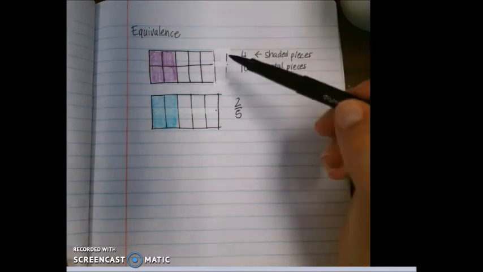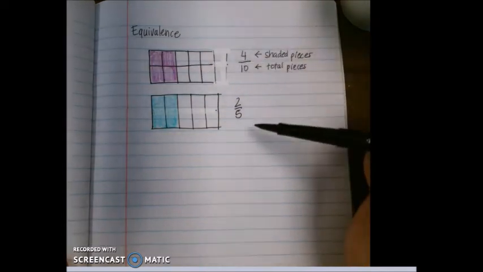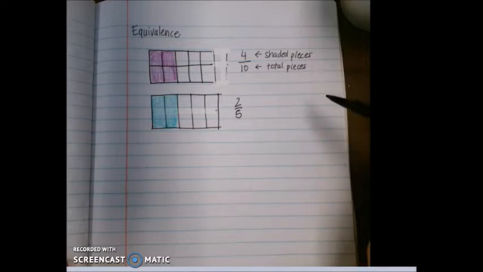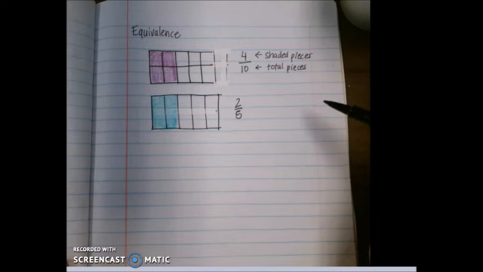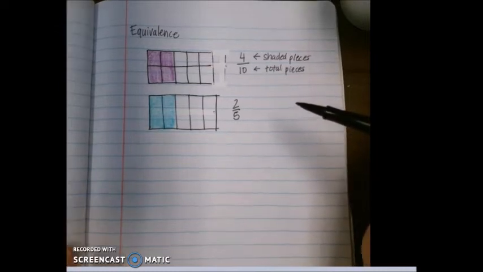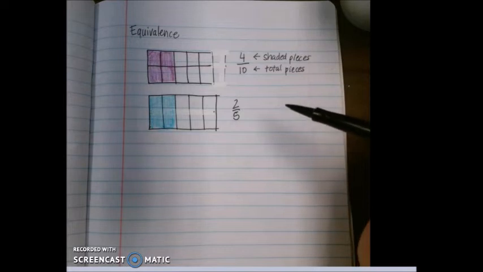Are 4/10 and 2 fifths equivalent? Why? Sean. Right, the same amount is shaded.